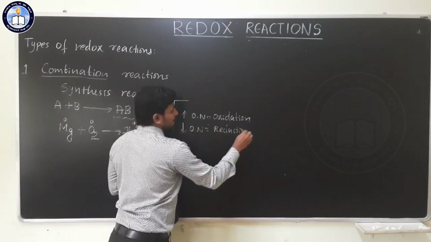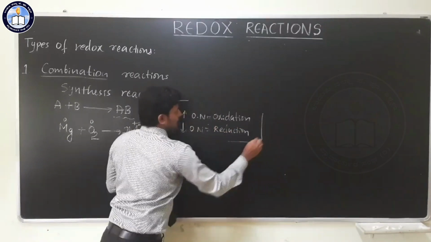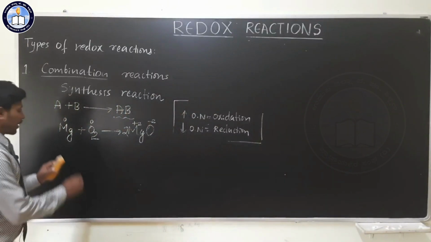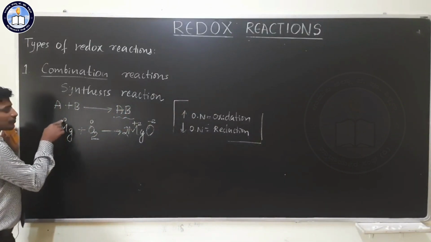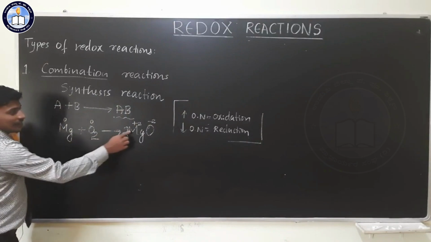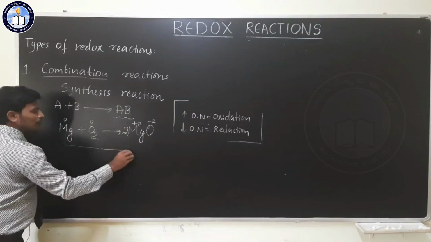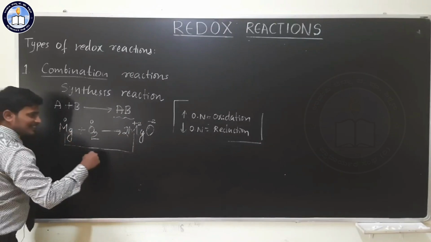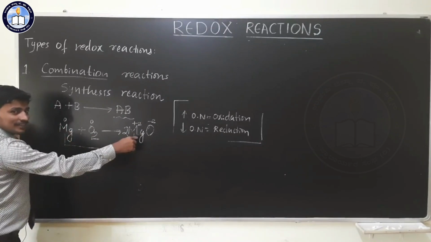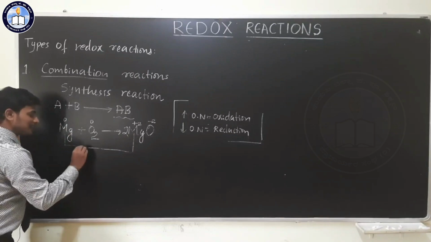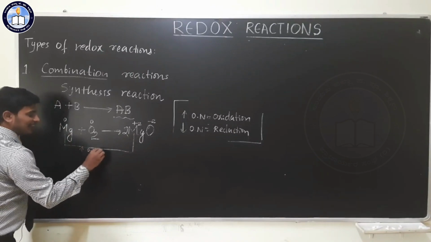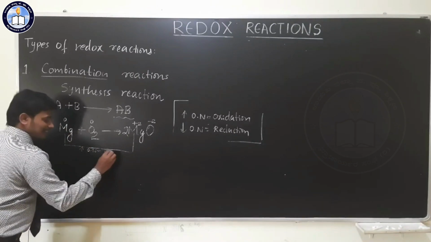Okay, now see that magnesium, which is in 0 oxidation state, and here is +2 oxidation state. 0 to +2, oxidation number increased, hence increase in oxidation number is known to be oxidation.